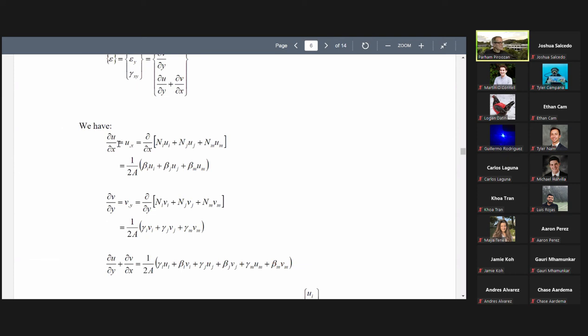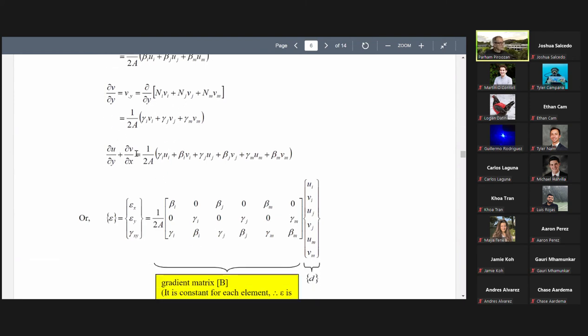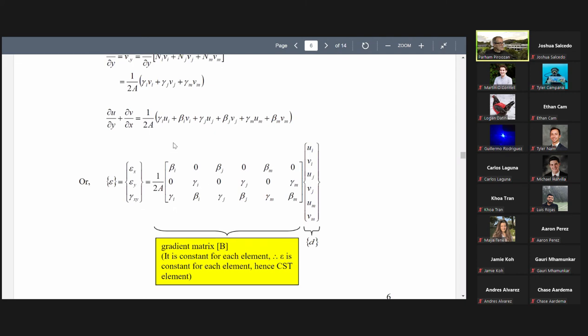Derivative of U with respect to X is epsilon X. It is this. Derivative of V with respect to Y is epsilon Y. It is this, and this is gamma XY. If we do this in matrix form, our epsilon is given by a matrix multiplied by this displacement vector: Ui, Vi, Uj, Vj, Um, Vm.